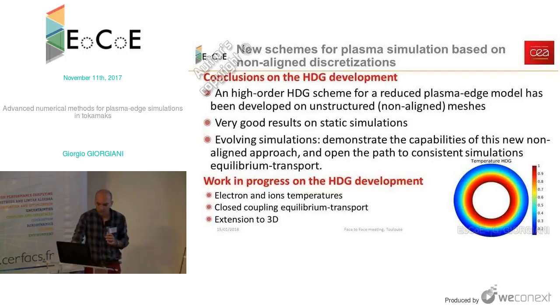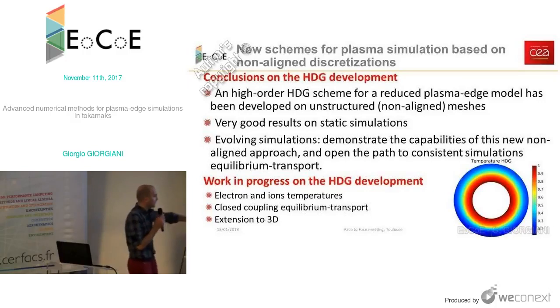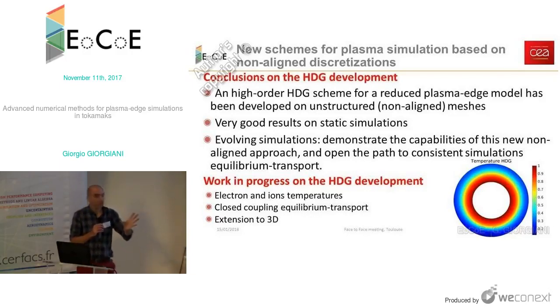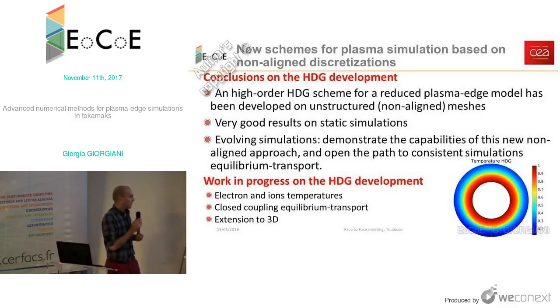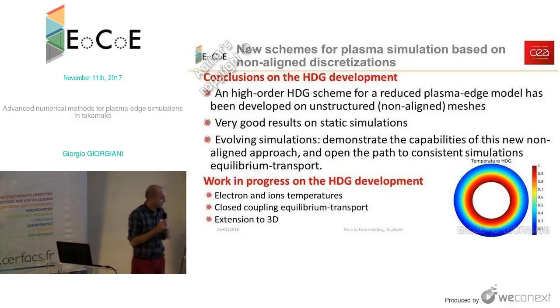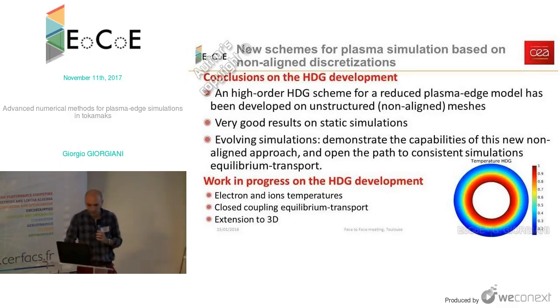The next step will be to introduce the electron and ion temperatures, to have a closed coupling between equilibrium and transport, because so far we just move the equilibrium and we compute the transport given the equilibrium. And then we would like to extend the code to 3D.